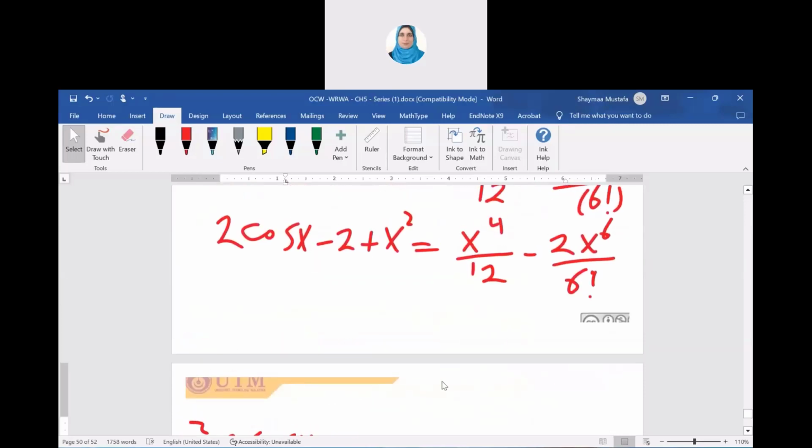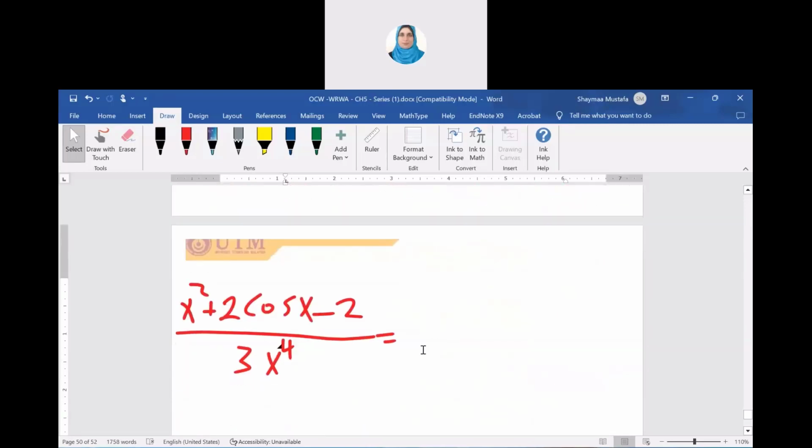So you have x to the power 4 divided by 3x to the power 4 times 12. So this will be cancelled, and you have only 1 over 36.